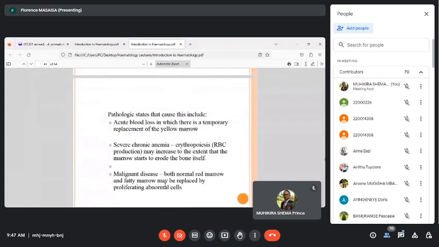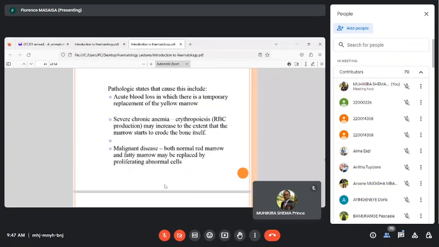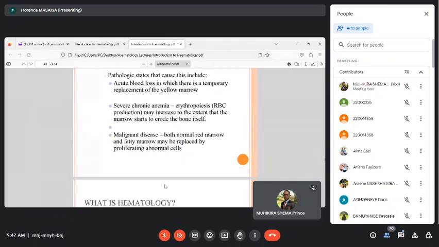So we have mostly acute blood loss, where there is a temporary replacement of the yellow marrow. We have severe chronic anemia, which may also signal the bone marrow to increase cell production, but also malignancy, let's say in case of leukemias, where there will be overproduction of cells.